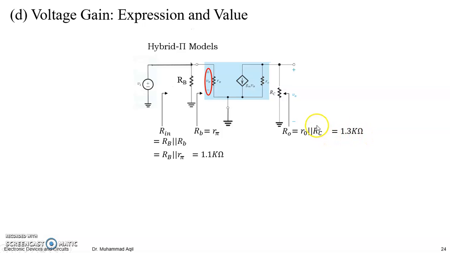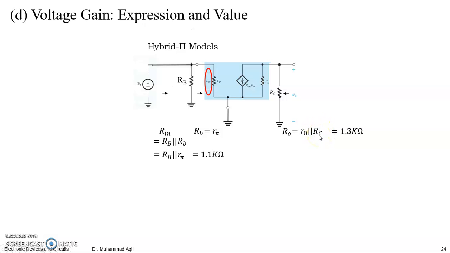You can see it is nearly the value of RC, because R naught has a much higher value than RC. So you have a slight change in your output resistance as compared to RC.